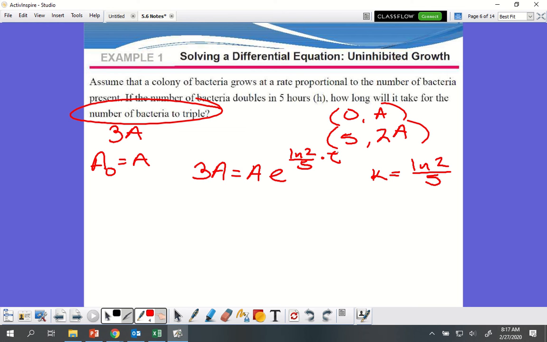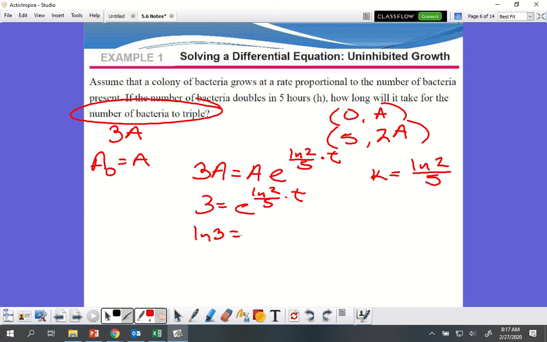All right, so divide both sides by A. I'm going to get 3 is equal to e to the ln 2 over 5 times t. And then I'm going to ln both sides. So ln of 3 is equal to whatever this is, which is going to give me some decimal.